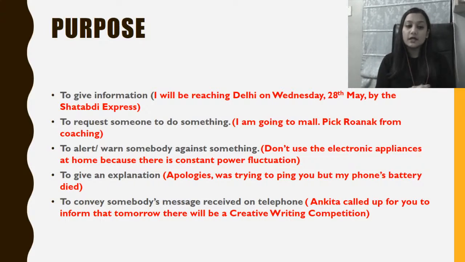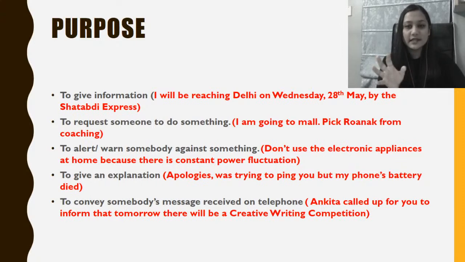Next is to alert or warn somebody against something, right? For example, don't use the electronic appliances at home because there is constant power fluctuation. So you are simply advising, warning somebody not to do that.